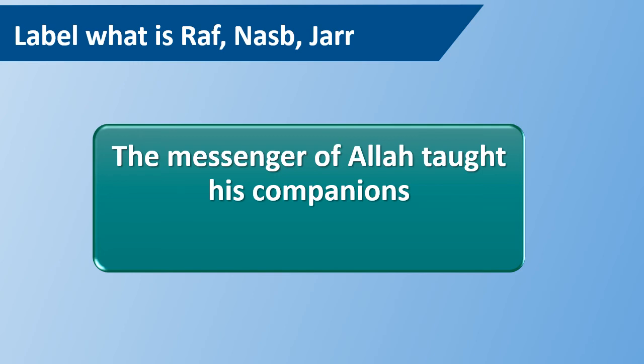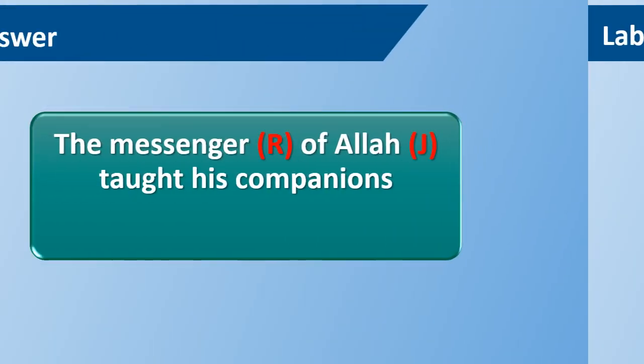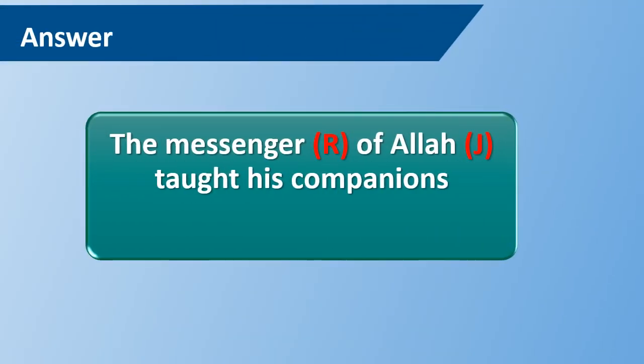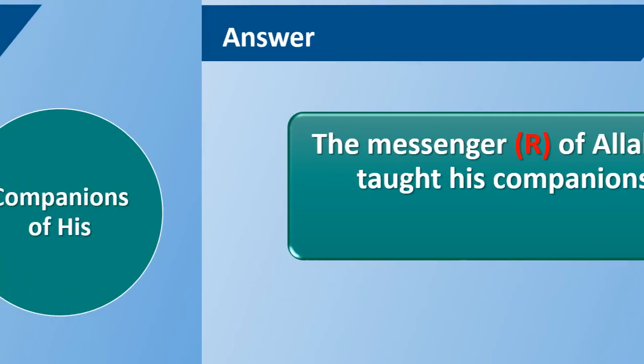Let's find rafa, nasb, and jar in this sentence. The messenger of Allah taught his companions. What is the action in this sentence? Taught. Who taught? The messenger. So the messenger is the doer, so he's rafa. Now you see an of. So the word after of is Allah, which is jar in this sentence.